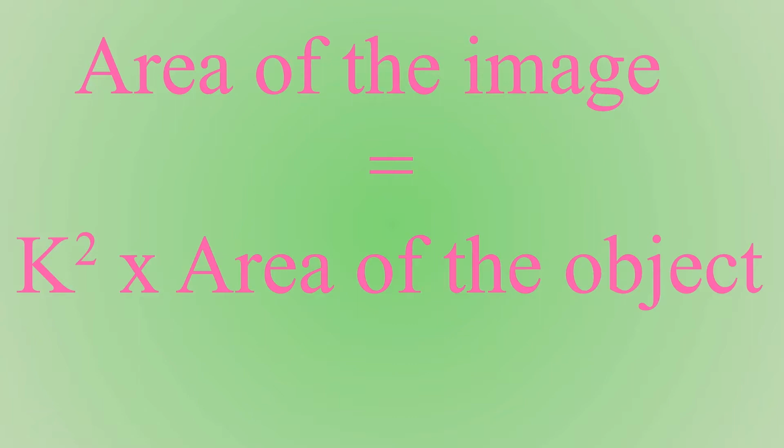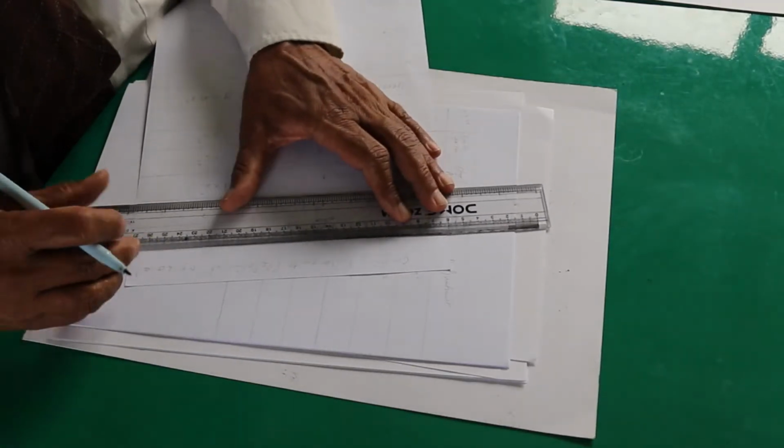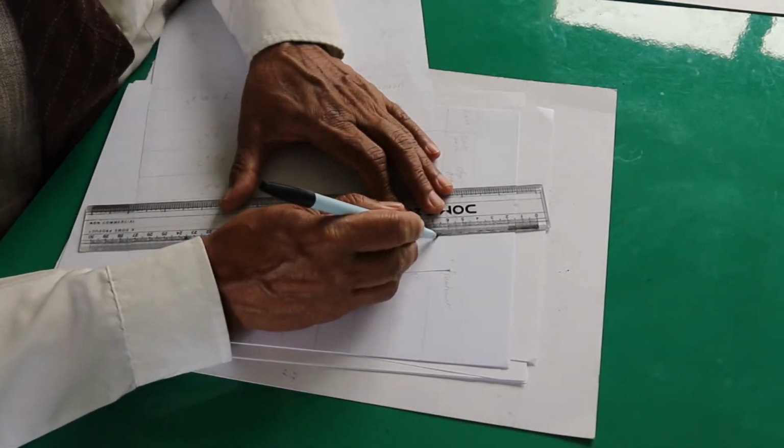So we are just trying to analyze this in a different way. Let's make a table of the area of the object and the image.